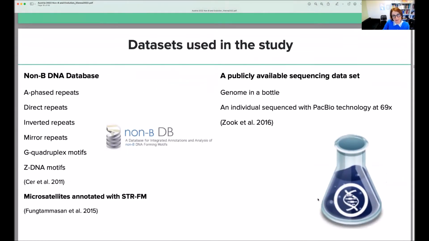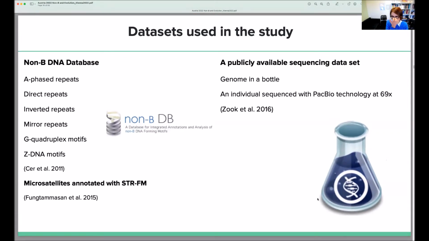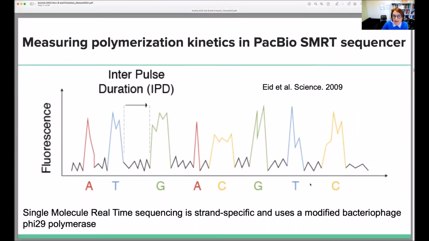When we were working on sequencing the gorilla Y chromosome in 2016, we used PacBio sequencing, which was in the stage of development. We noticed that in addition to information about the deciphered nucleotides, PacBio sequencing was also giving us information about the timing of incorporation of these nucleotides.